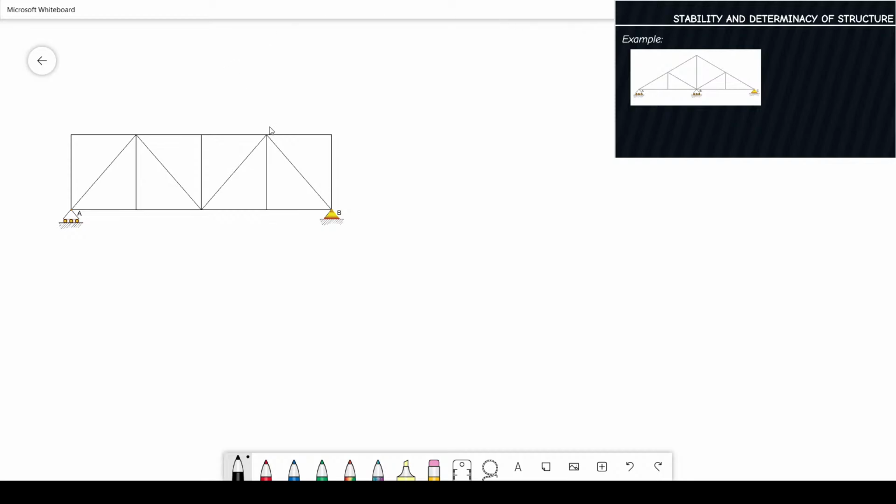So this structure being composed of series of triangles is a truss. Okay, so again, using the formula M plus R greater than, equal, or less than 2J.